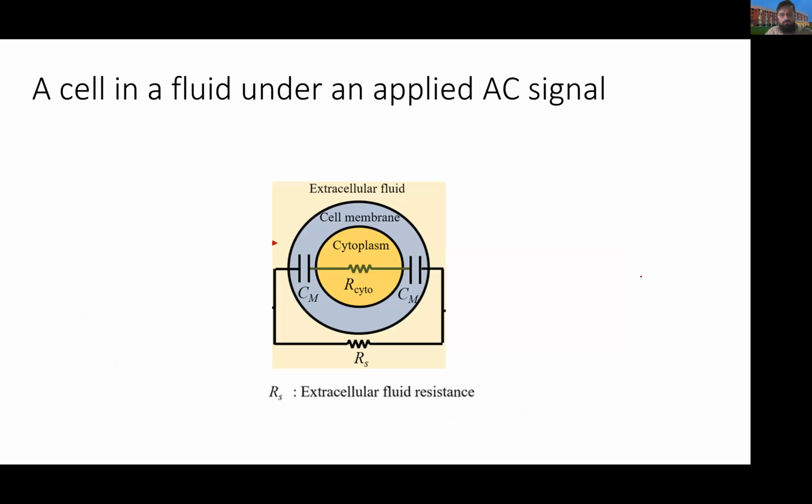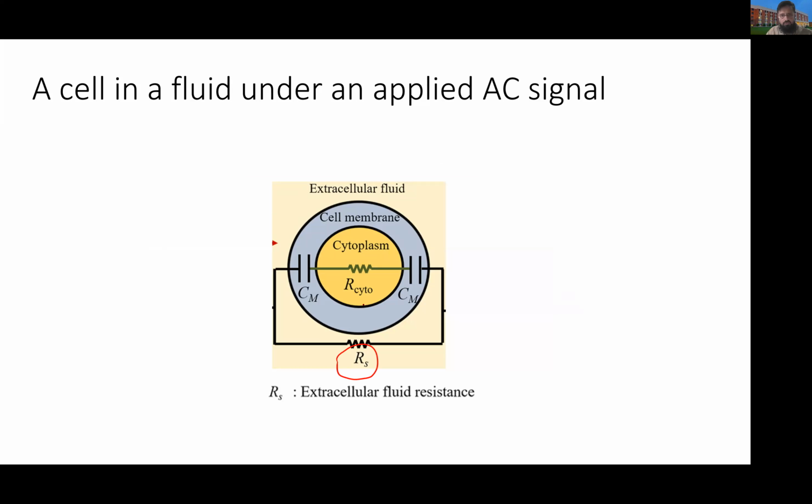So what we got from the cell is this simple electrical circuit which has two capacitors and two resistors. Cm is the membrane capacitor and the cytoplasm resistor is inside. And if your cell is in blood, then there is also an additional external resistance Rs, which is due to the blood surrounding the cell.